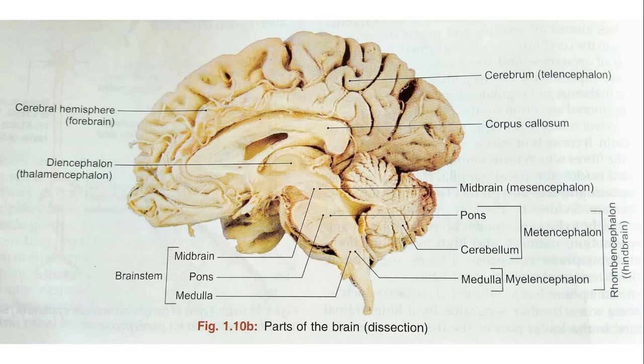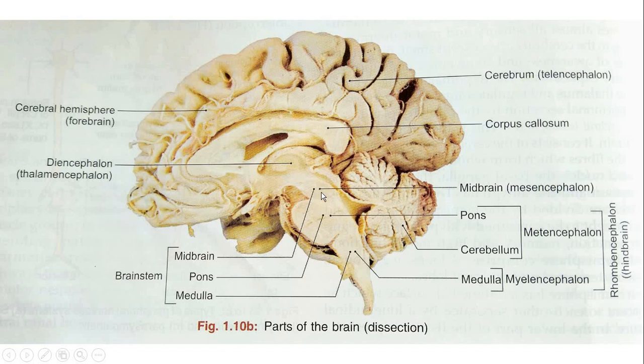So the forebrain contains cerebrum, that is two cerebral hemispheres on either side, and the diencephalon that is hidden in the cerebrum, that continues as midbrain.